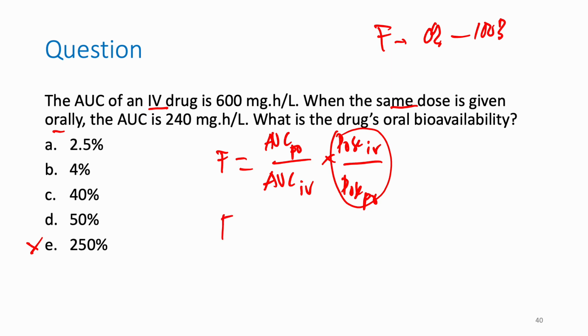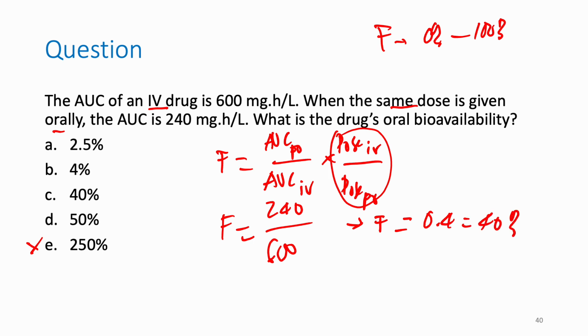So now F will be AUC of oral divided by AUC of IV. AUC of oral is 240. They have the same unit, so I don't need to write a unit here, and AUC of IV is 600. So then I have F equal to 0.4 or 40%. So the correct answer is C. Just some clinical meaning for this drug: the F is very low, only 40%.